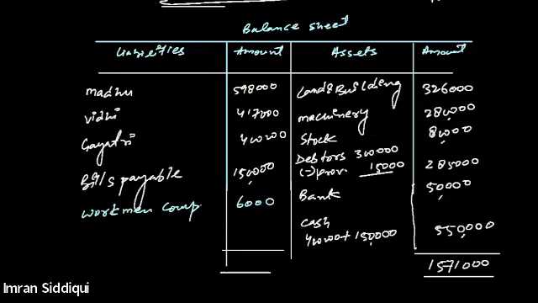Now let's total the liability side: 5,98,000 plus 4,17,000 plus 4 lakh plus 1,50,000 plus 6,000. We are getting the same answer, 15,71,000, on the liability side as well. So our balance sheet tallies, which means we did the question correctly.